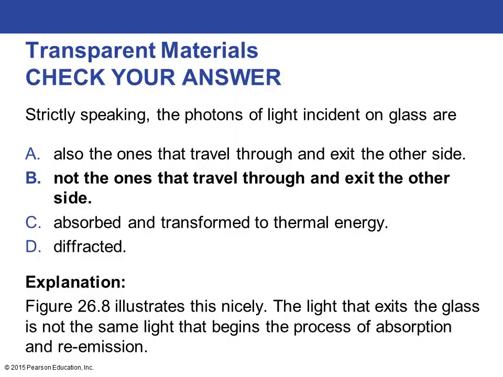Figure 26.8 in your text shows this nicely, that the light that exits the glass is not the same light that begins the process of absorption and re-emission. So remember, the electrons sort of hit like a domino effect and start the next electron vibrating, but the light that came in is not the same light that goes out.